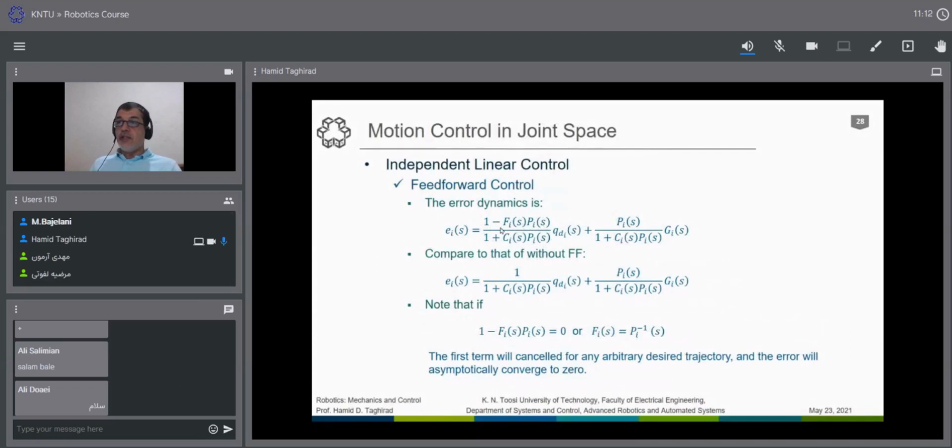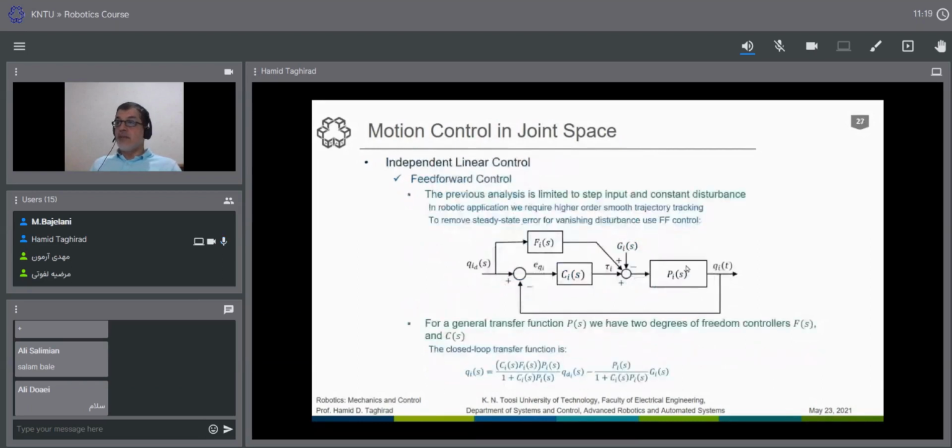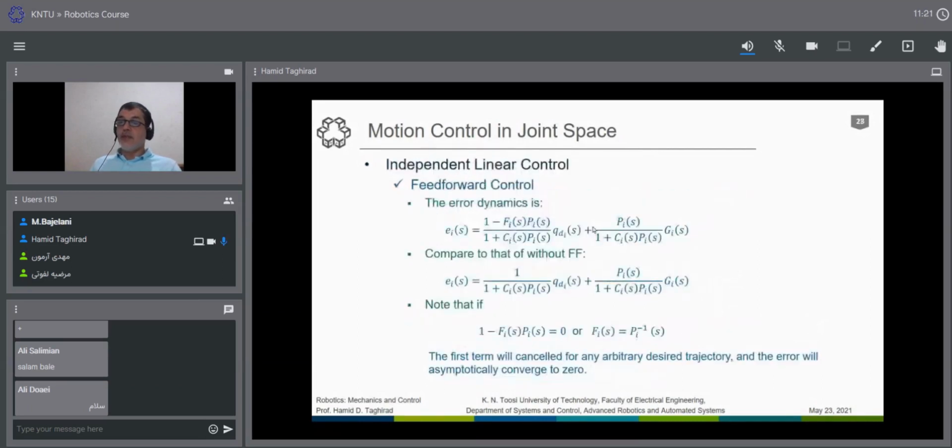So we have some zeros here, some poles here, and here we have just a simple P over 1 plus CP for the disturbance. Here it is negative and here it is positive, because we have used QD minus Q here. And this is very interesting, because here we have something in the numerator which can be set to 0. Compare that to the previous case where we didn't have any feed forward.